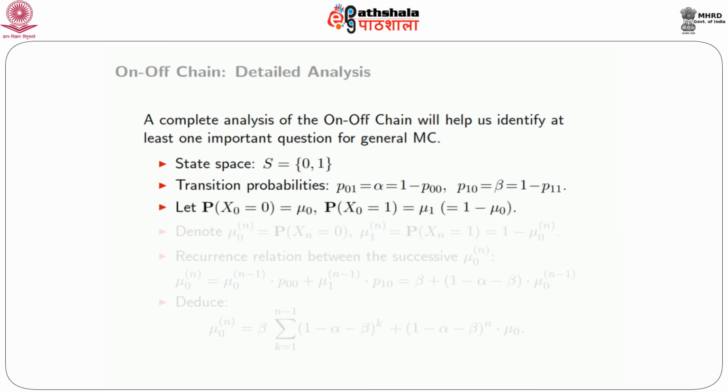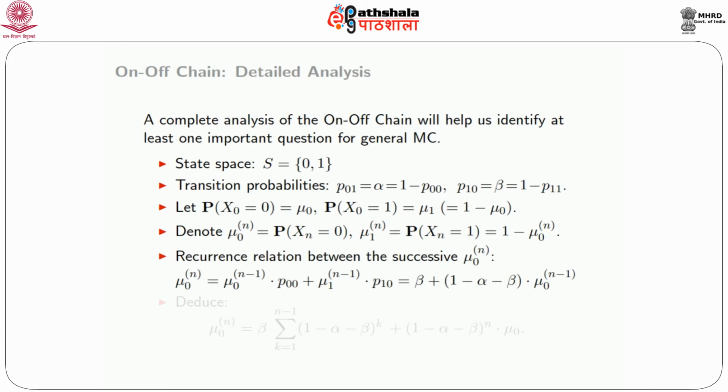And let's assume that the initial distribution is given by mu0 and mu1. The probability of x0 being 0 or 1 is mu0 and mu1. Of course, mu1 is 1 minus mu0. And denote, as usual, mu0n to be the probability that xn is 0, and mu1n to be the probability that xn is 1, which of course is 1 minus mu0n.